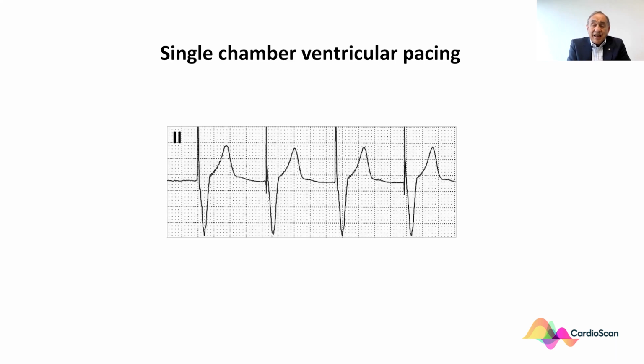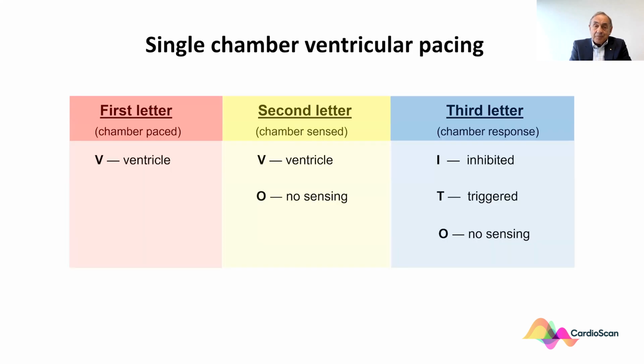We can see here, as we learned from previously, there is a stimulus artifact with the arrows. Then taking one complex, you can see in the red highlight that there is a QRS and a T wave. This is single chamber ventricular pacing. There are 3 forms of single chamber ventricular pacing.